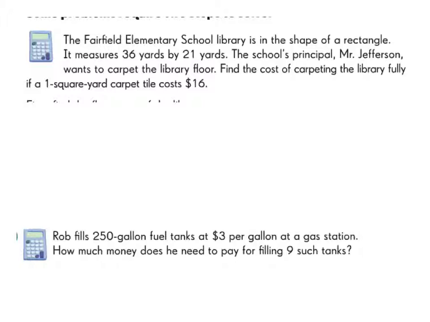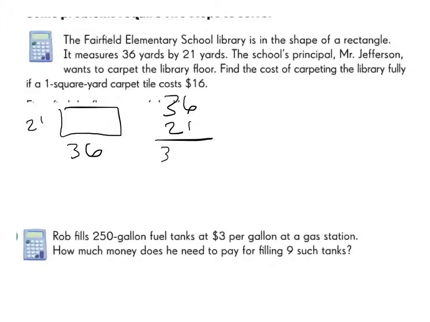So first of all, you need to think, okay, we have to cover the whole room, so we need to know about the area of a rectangle. And so if you have a rectangle that is 21 by 36, I would need to find the area of it. So I would have to do 36 times 21. And we would find out that the area of the room is 756 square yards.